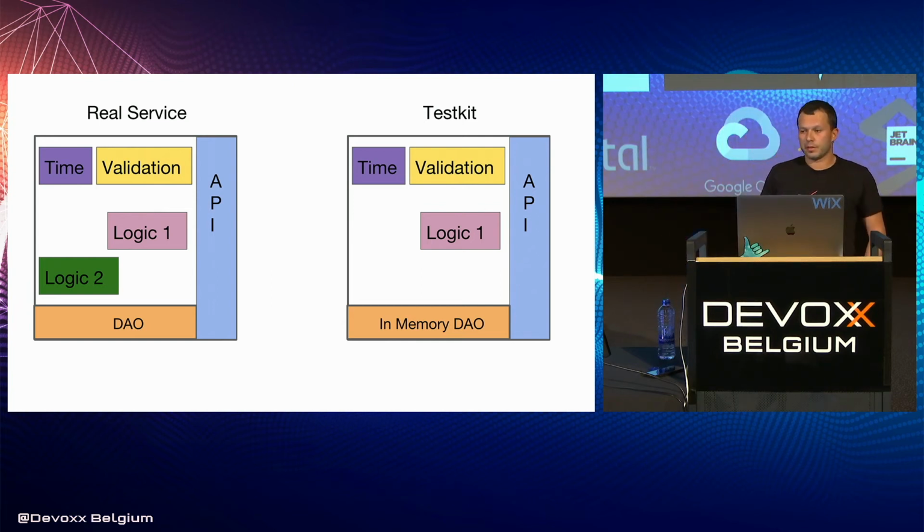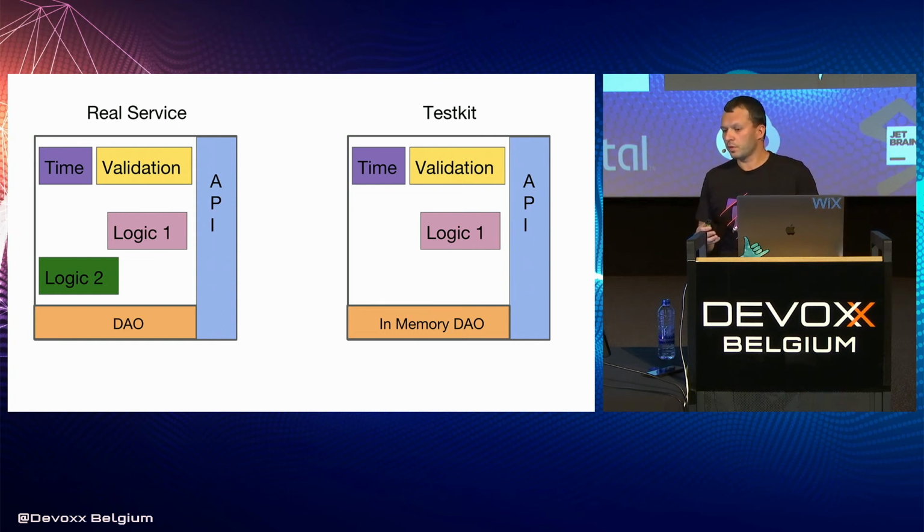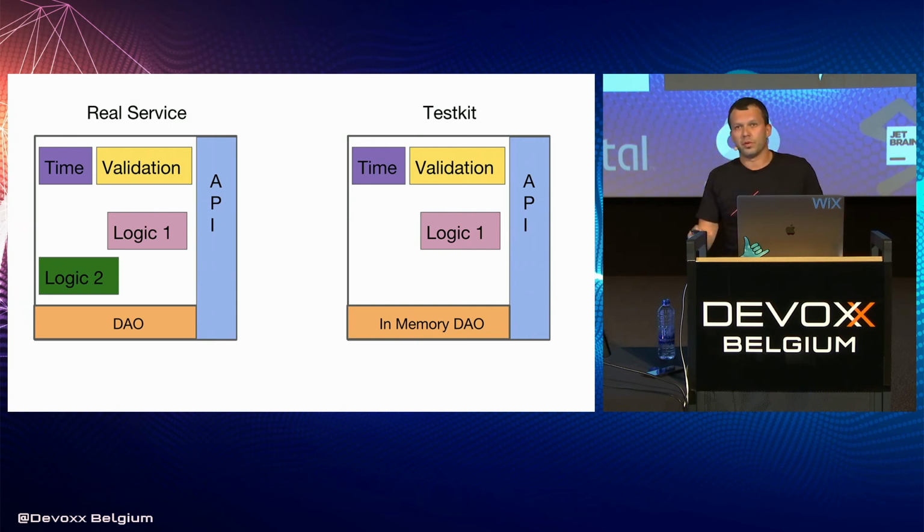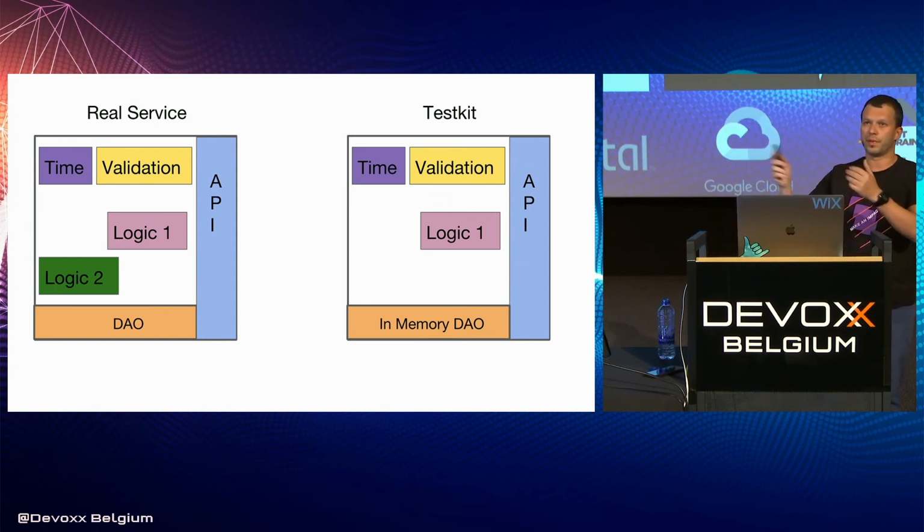And an important thing here, we decided that we are taking most of the stuff, we are not taking logic 2. Now, what about the database? As I said before, it's a lightweight version of your thing, so you don't want to bring other dependencies.